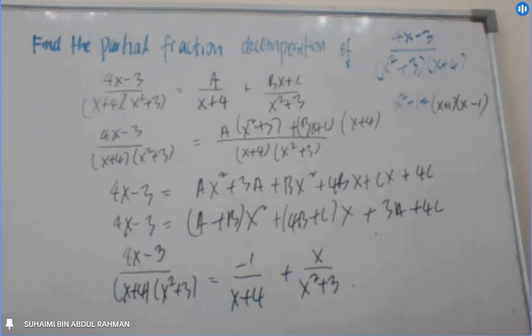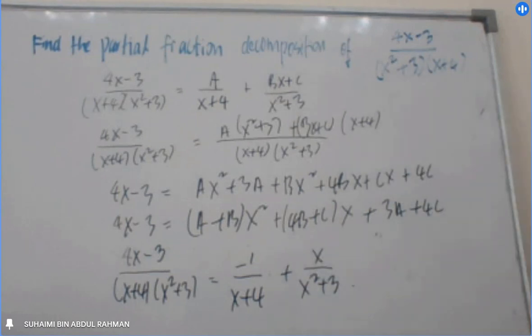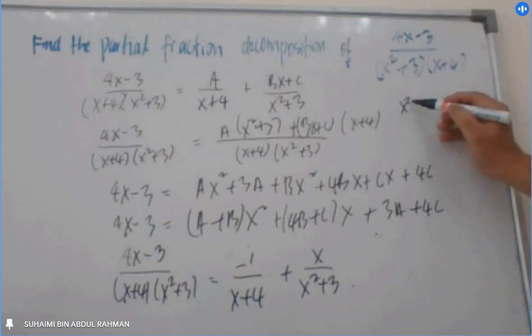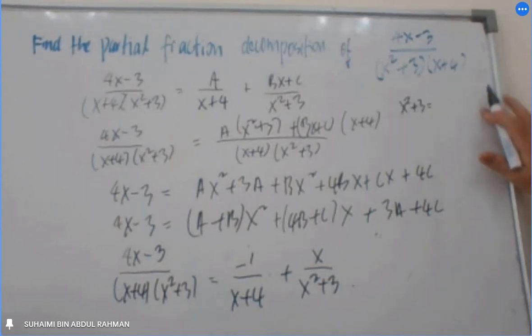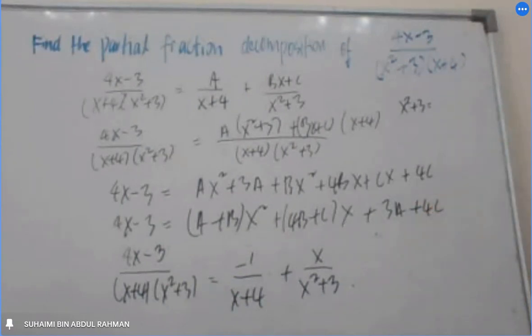But for x² + 3, it is no longer reducible. That's how we know it's irreducible.